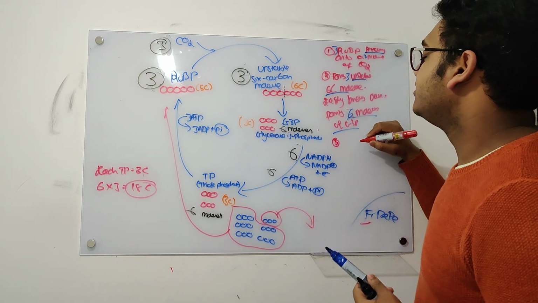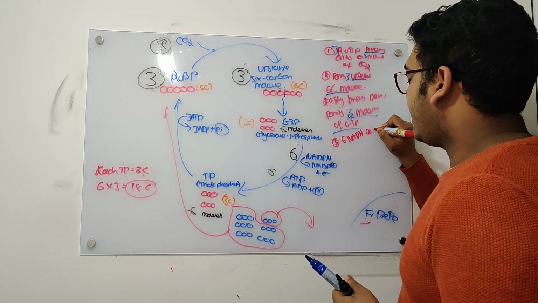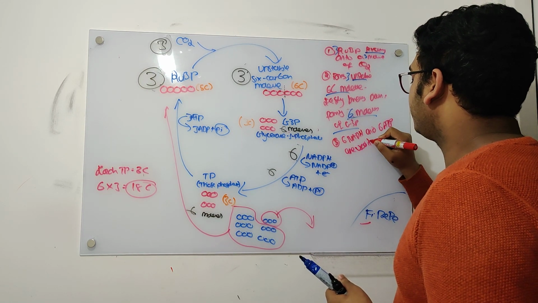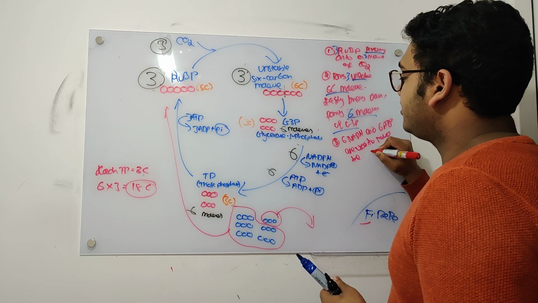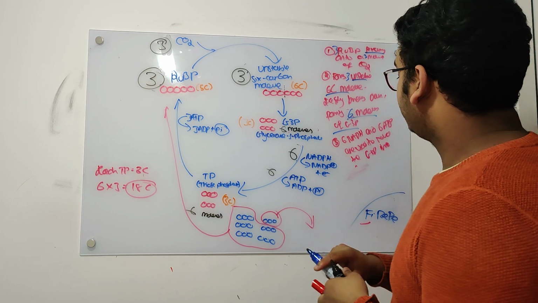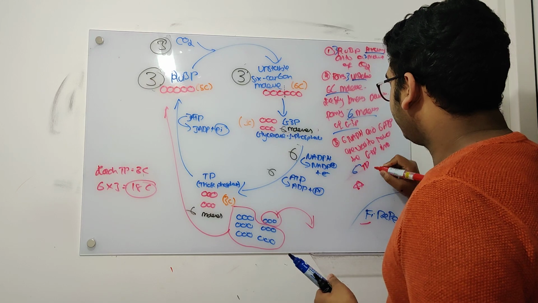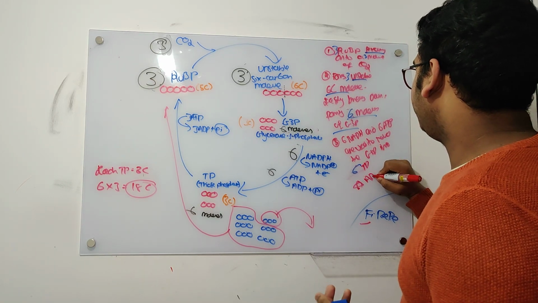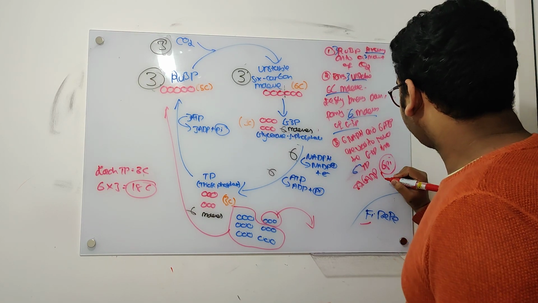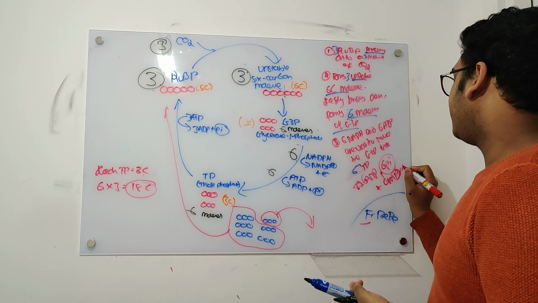The next part we're going to write is 6 NADPH and 6 ATP are used to reduce the G3P into 6 molecules of triose phosphate. And this forms as byproducts 6 ADPs, 6 inorganic phosphates, and 6 NADP pluses.